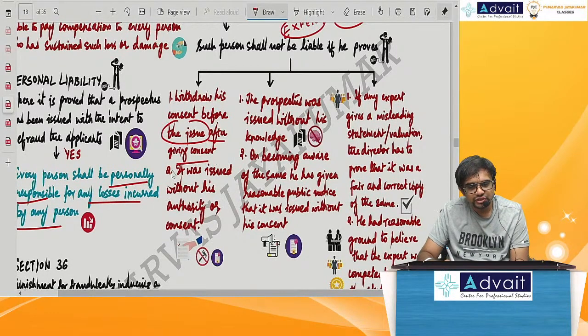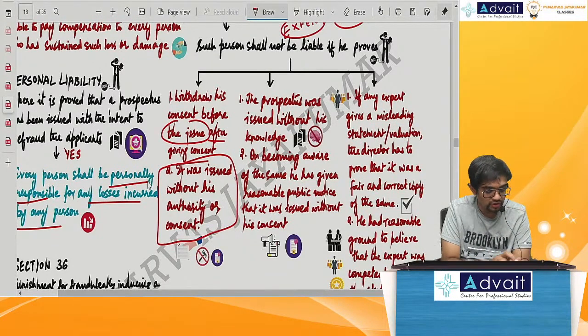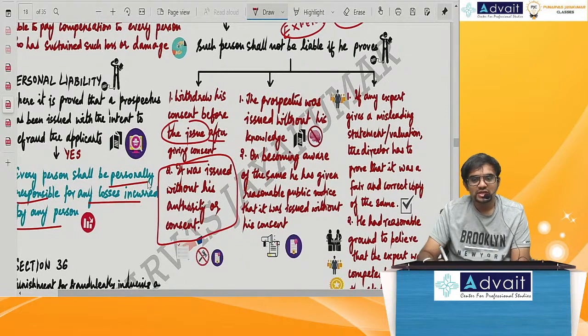Second, if it was issued without his authority or consent. So basically you took an expert opinion without taking his consent, he just put some random figures and that only you took it as the final thing, wrong answer. That cannot be done. Next, prospectus was issued without his knowledge. Then on becoming aware of the same, he has given public notice telling that they have issued without my consent.